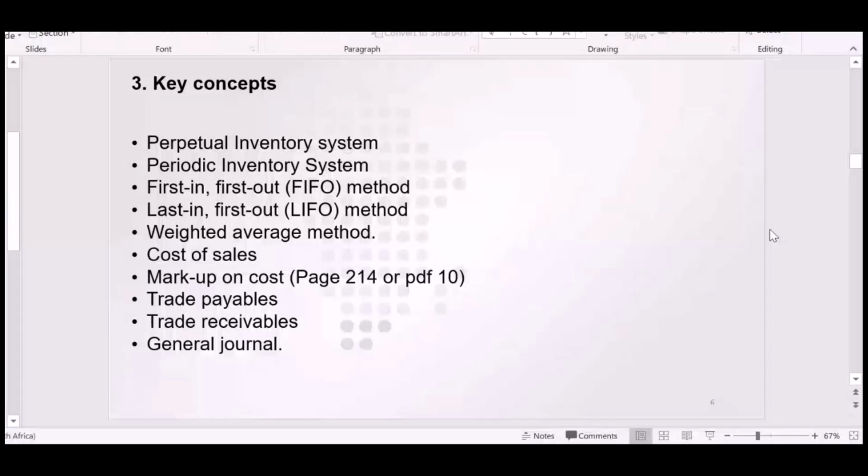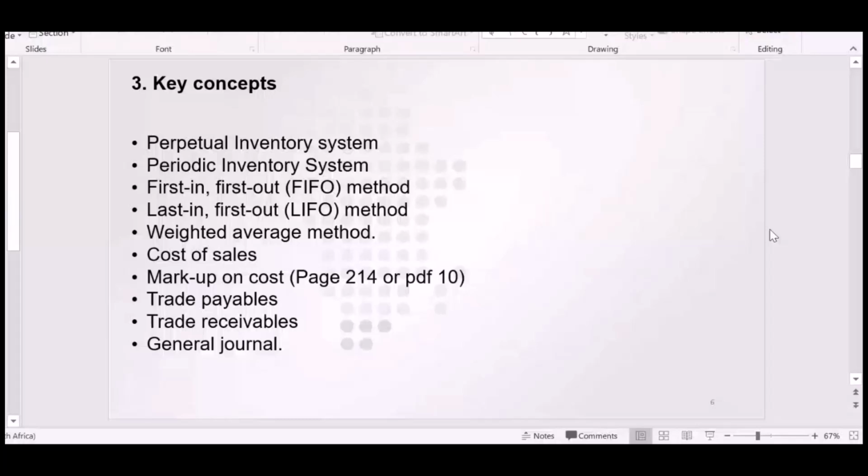The very basic explanation will be on the perpetual inventory system. This is where the inventory is tracked on a transactional basis, and cost of sales is calculated immediately when the item is sold. So when we are buying and selling, we are tracking our inventory in real time, almost immediately, and cost of sales is also determined immediately per transaction.